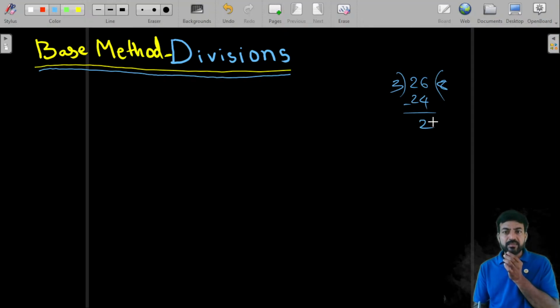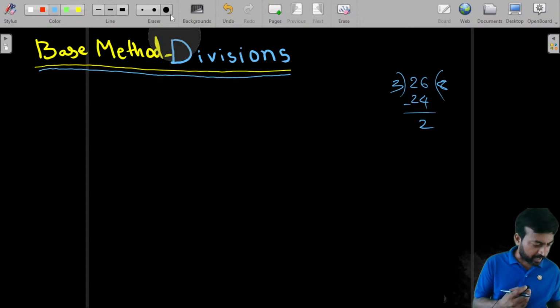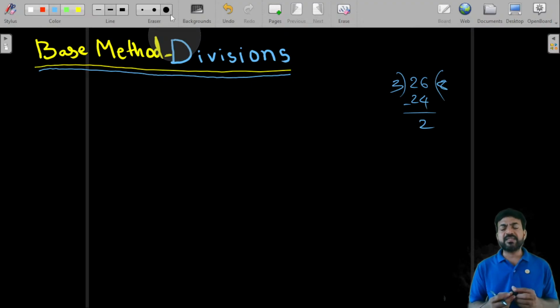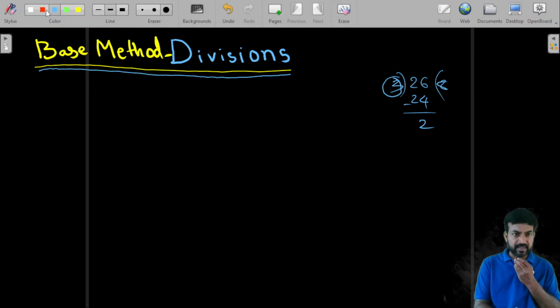Remaining is 2. So division is nothing but continuous subtraction. Subtracting 3 as many times as you can, that is division. Remember that. If anybody asks you what is division, you can reply like this: division means repeated subtraction of the divisor. This is the divisor.